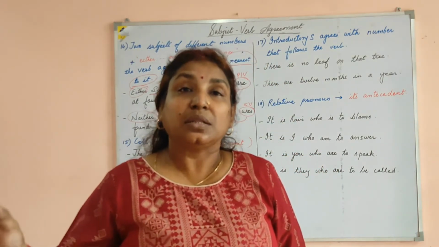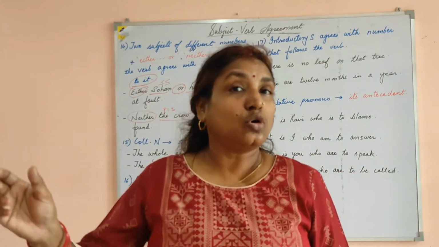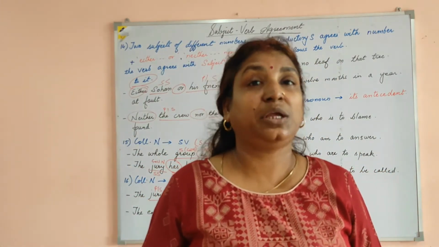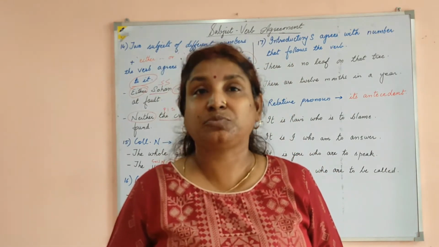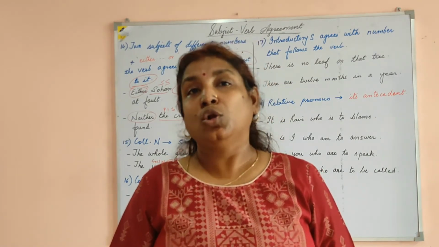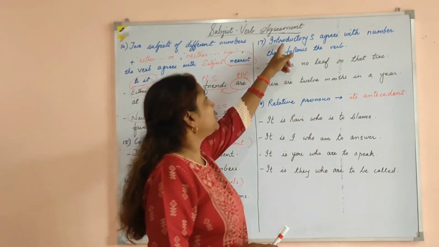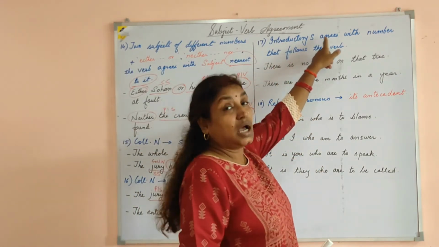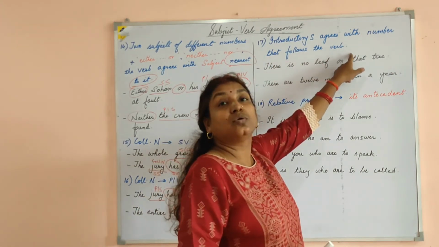And since the main subject is concerned with subject-verb agreement, we have to search for that main subject, and according to the number of that particular subject, your verb takes the number, not according to the introductory subject. So in this case, you see introductory subjects agree with the number that follows the verb.